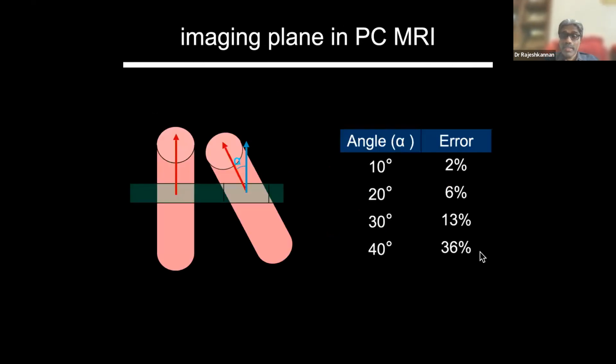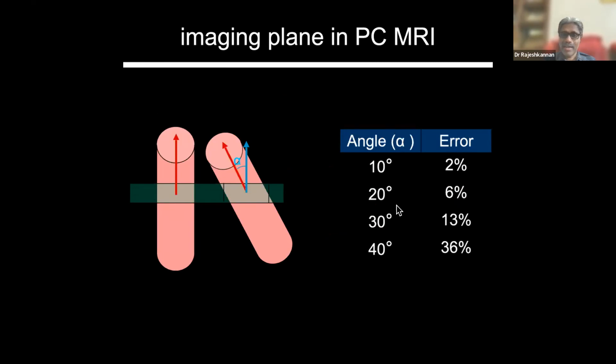And another important thing which we have discussed is regarding the imaging plane, and why we have to take it perpendicular to the vessel. Ideally you have to take almost a true cross section of the image. Suppose you take it oblique to the vessel, as long as the angle of difference is less than 10 degrees, the chance of error is only about 2%.